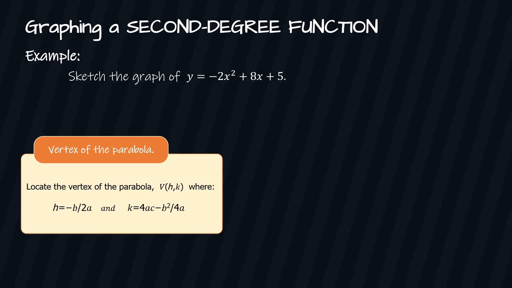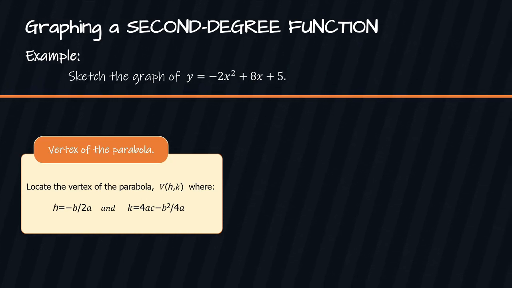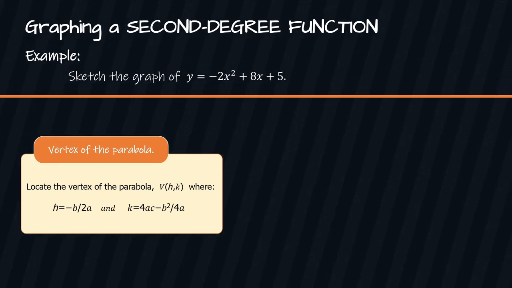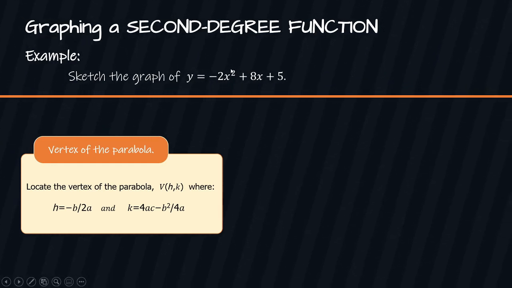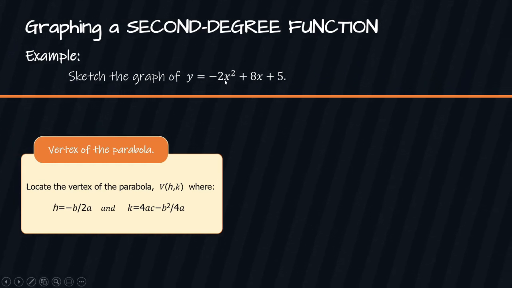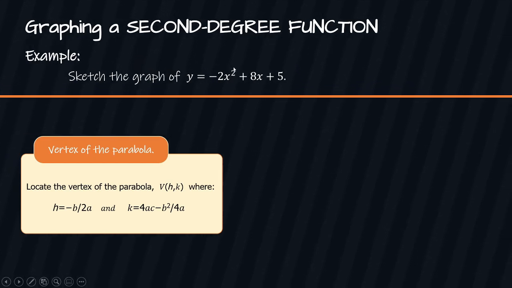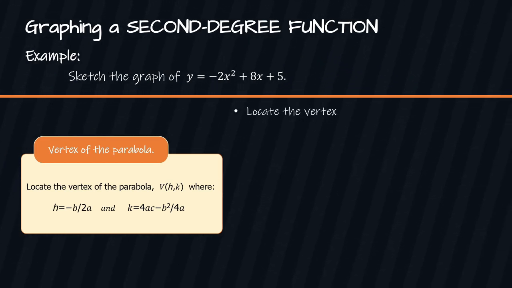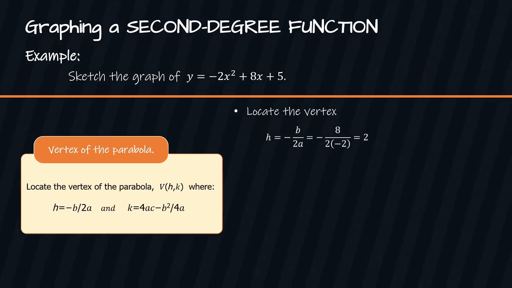So we now try to sketch the graph of y equals negative 2x squared plus 8x plus 5. Note that this is a second-degree function because its variable x has the exponent 2. We now try to locate the vertex by the formula h equals negative b over 2a.